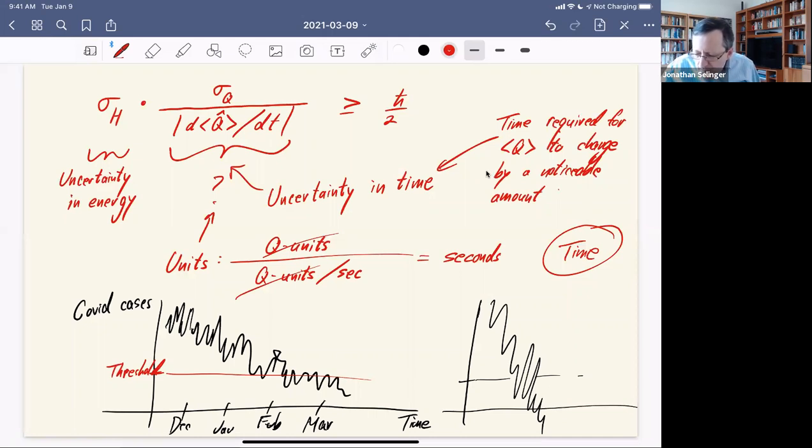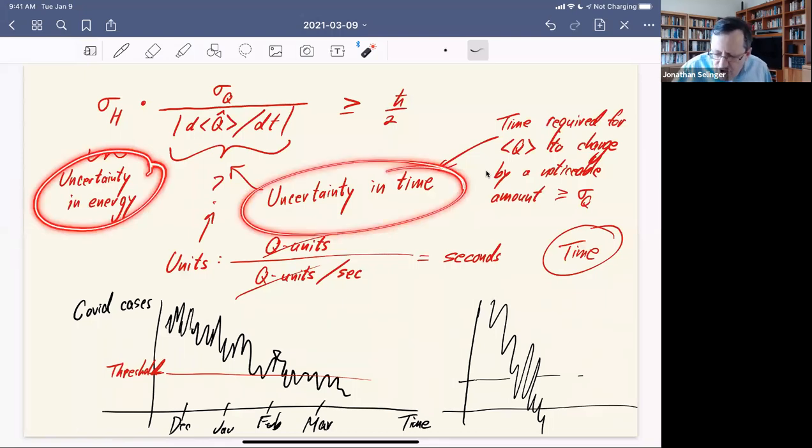Well, that means more than the uncertainty in Q. If it changes by less than the uncertainty in Q, it's in the noise. You don't even really know that there's a change happening there. But if it changes by more than the uncertainty in Q, then you know there's a change.